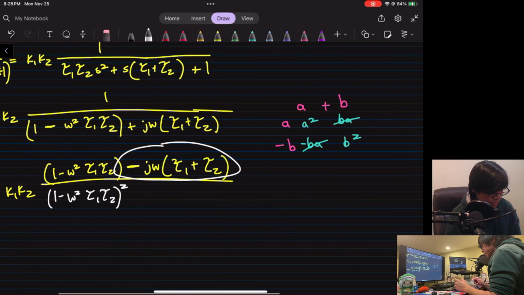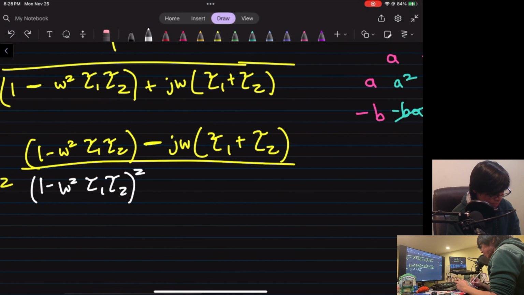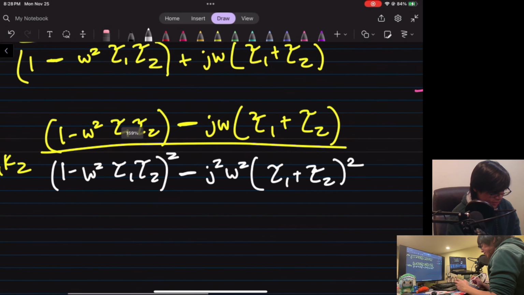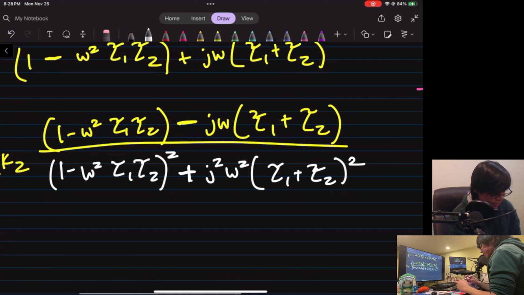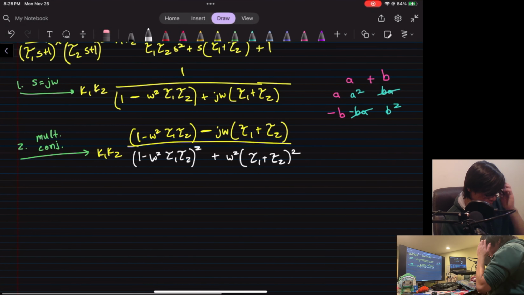It's negative b squared, but remember we have a j squared, so this j squared becomes a negative, and we negate that negative, making it a positive. Now, I think we're done, right?